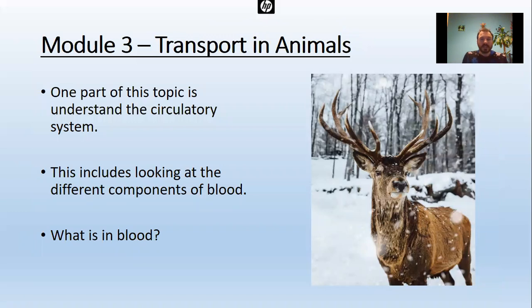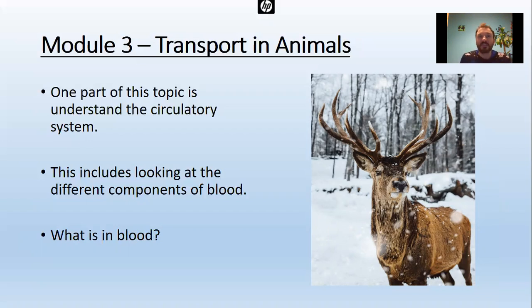So what I'm just going to go through a little bit with you today is a small section of transport in animals, which focuses on how mammals transport different substances around their bodies. So for example, the circulatory system is a key part of that. Now in mammals, the way in which we transport different substances is inside blood.